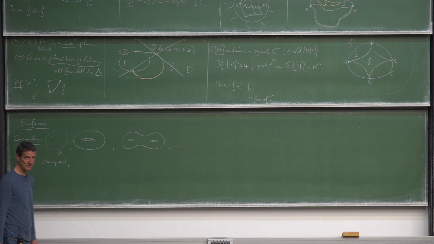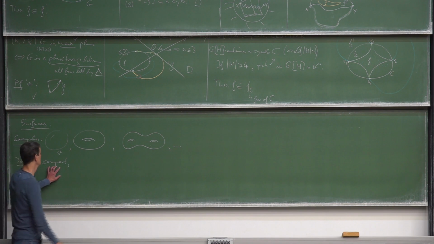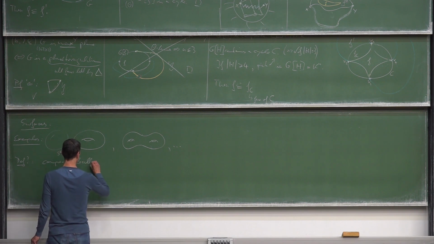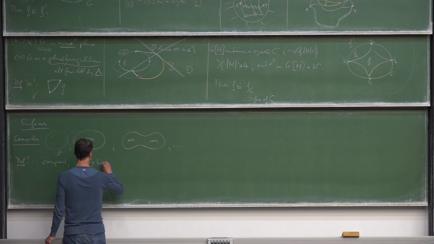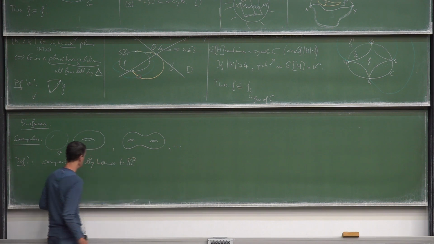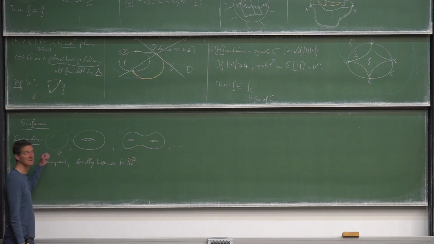It's a topological space. I'm not defining that. Look it up. That is compact. You know that definition. And locally homeomorphic to the plane. So that means every point in this topological space has a little neighborhood.